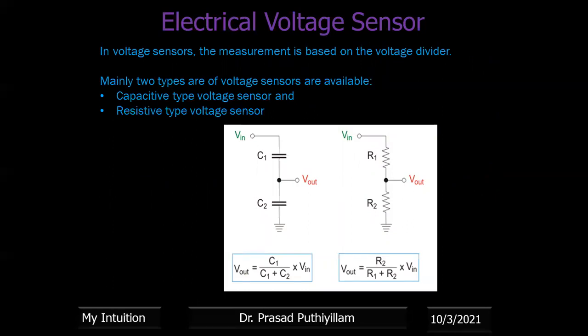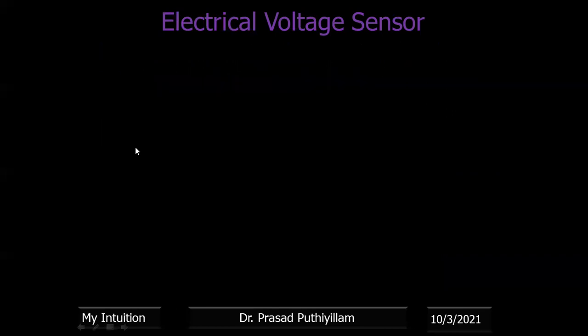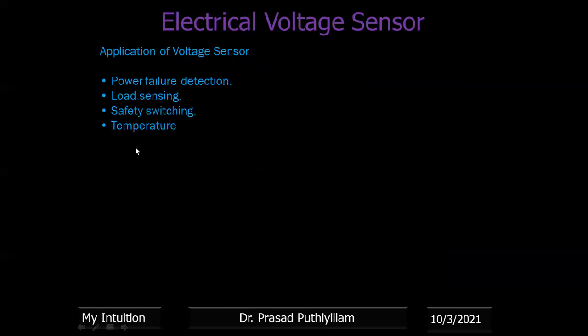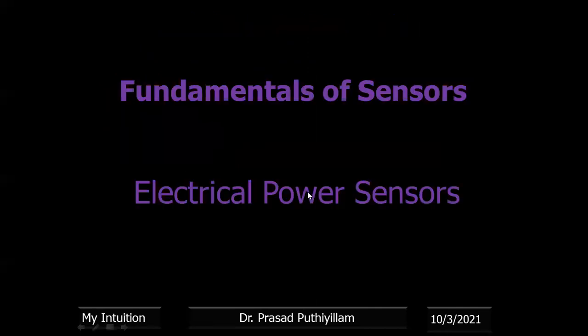There are two types: capacitive type, in which capacitors are used, C1, C2 in the image represent the capacitors, and the total voltage output is also calculated here. And if you are using resistors, resistive type voltage sensors are also there. Finally, we are measuring input voltage as well as the output voltage in electrical voltage sensor. Application: power failure detection, load sensing, safety switches, temperature control, power demand control, and fault detection.